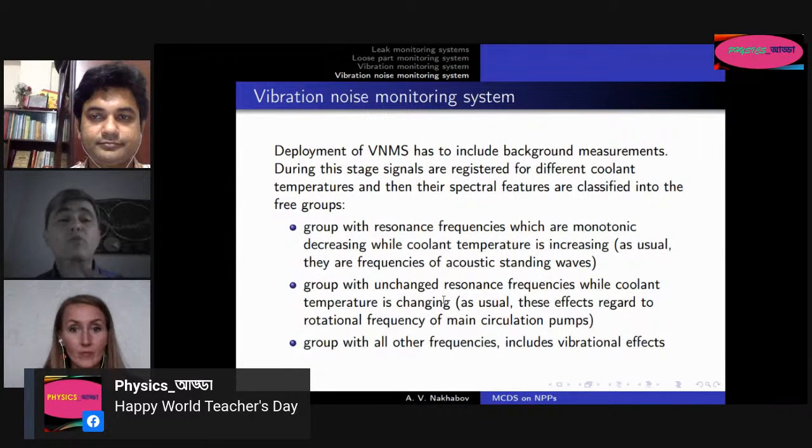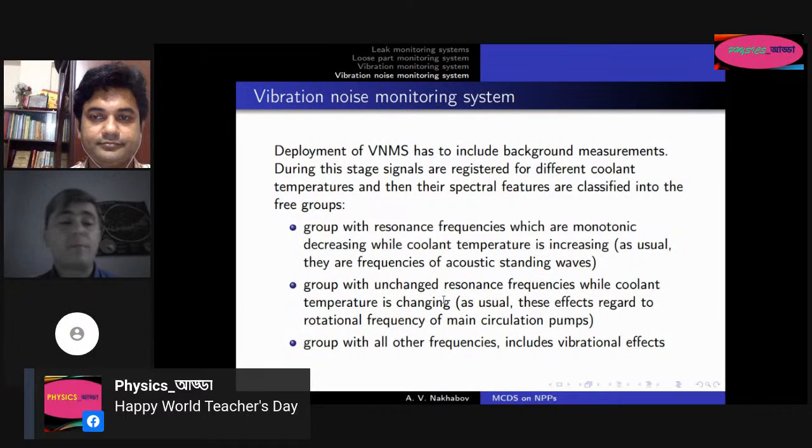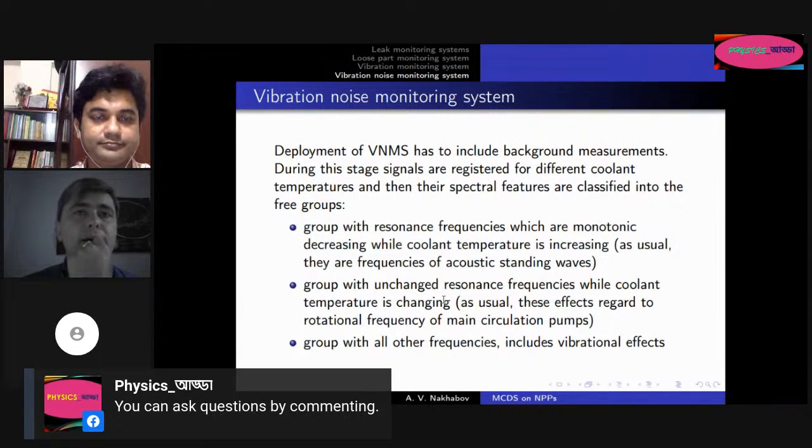So finally, as usual, we will get spectra, the dependency of signal power versus frequency. As usual, we will have a set of examples of how spectra should look in normal operation.